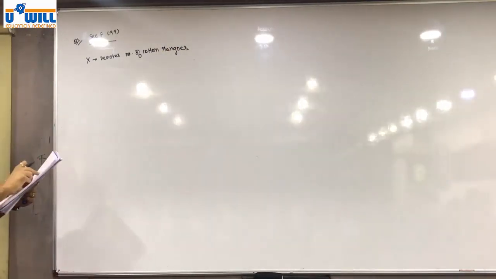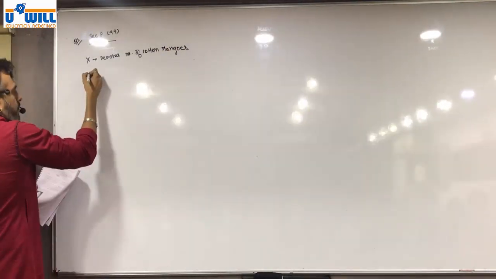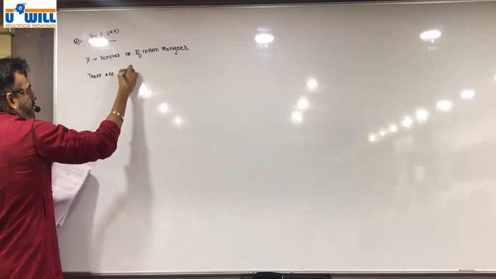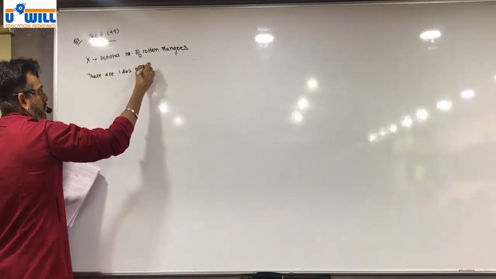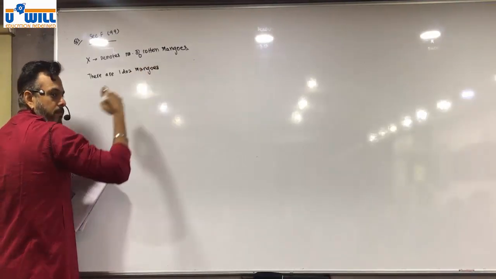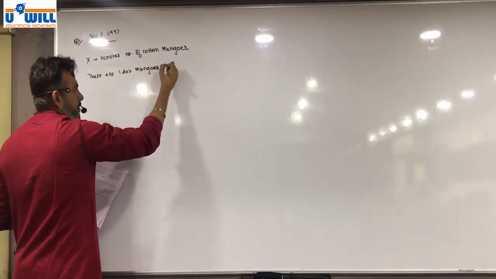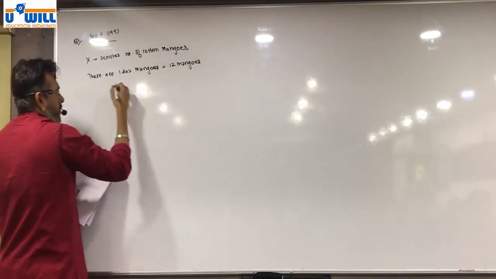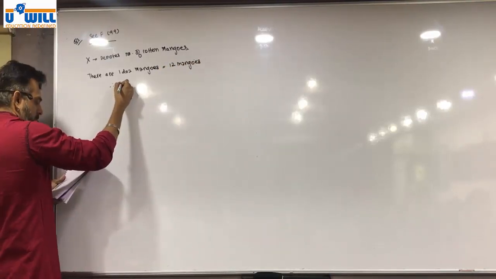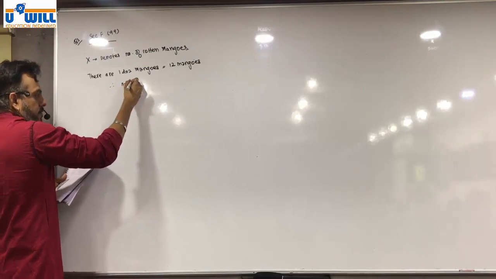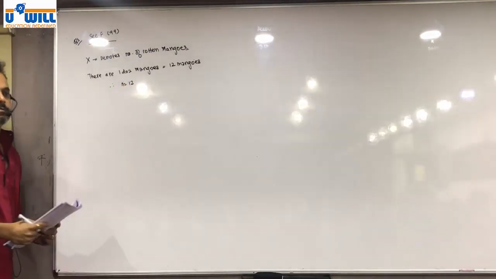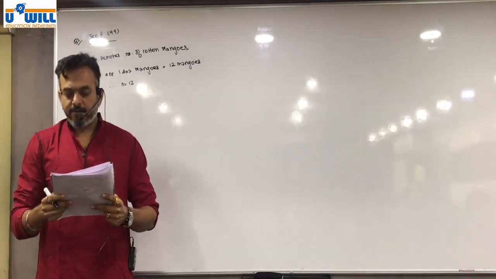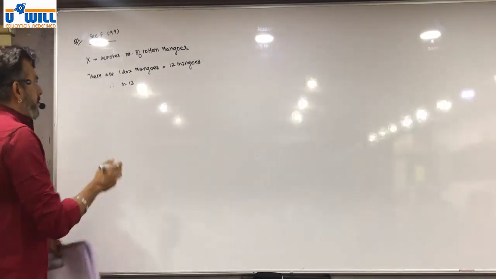Now, 1 dozen mangoes in a box. 1 dozen means how many? Is equal to 12 mangoes. Therefore, n is equal to 12. What we have to find over here? We have to find the probability distribution of x.